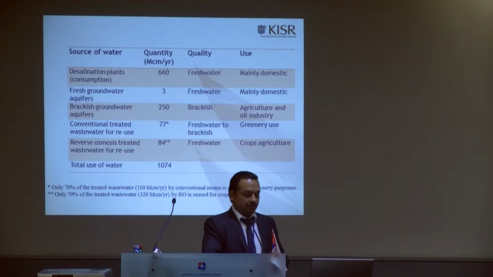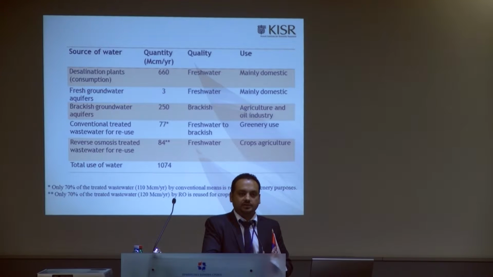For the sources of water, from desalination plants the yearly consumption is 660 million cubic meter per year, which is mainly used for domestic purposes. Fresh groundwater is only 3 million cubic meter per year consumption, and it's again for domestic purposes, whereas brackish groundwater is 250 million cubic meter.